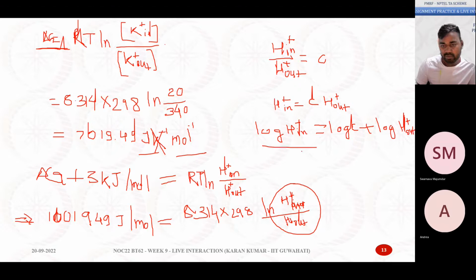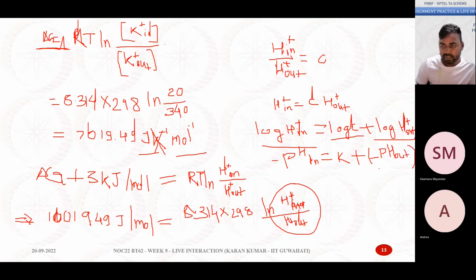This will give you pH inside equal to the log of some value, which you calculate. Because pH equals minus log H plus, this will be pH out.